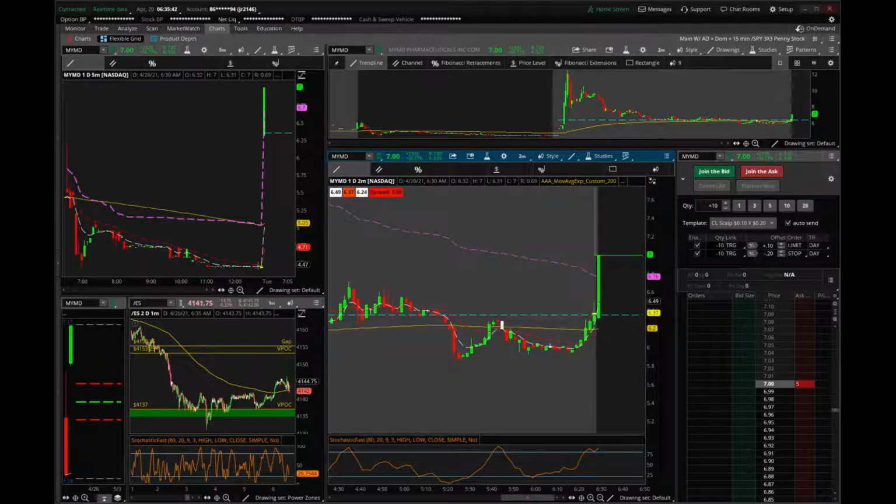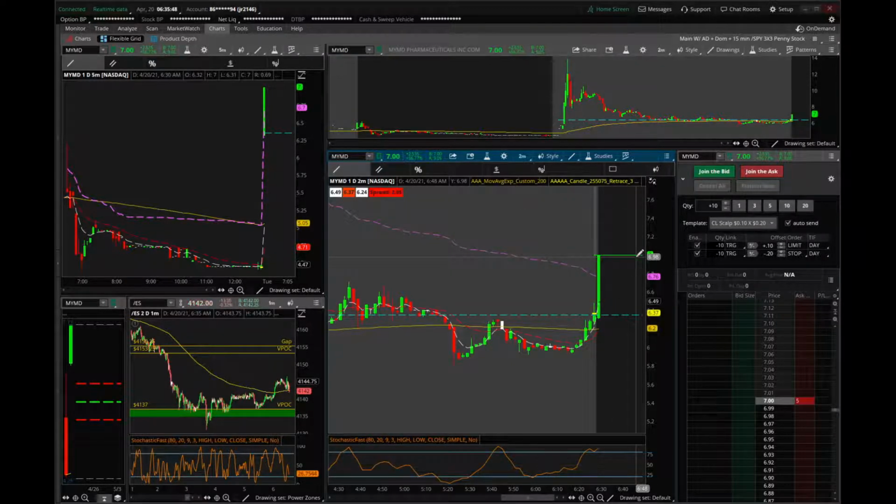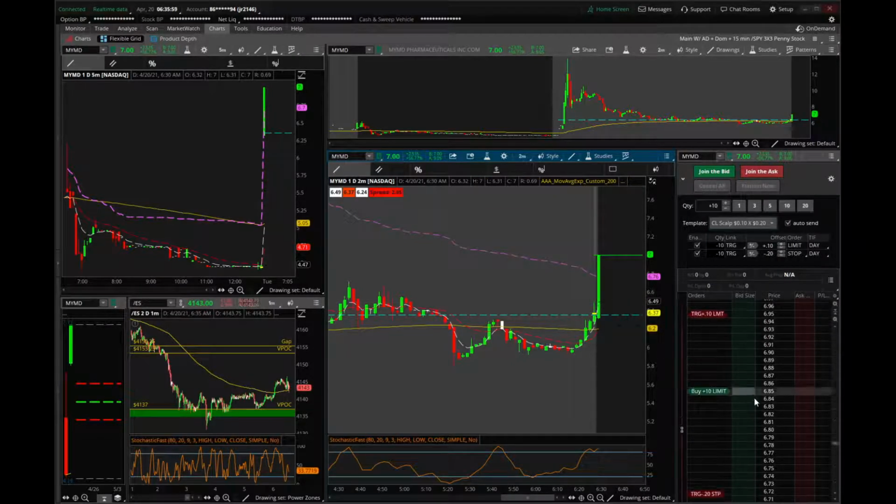So it halted at 9:30:46, right? So it should be coming out of the halt at about 9:35:46. Looks like it's not coming out of the halt now. So with that being said, nothing's going on here. I will keep this kind of on my watch list or in my mind. And we will see what happens.